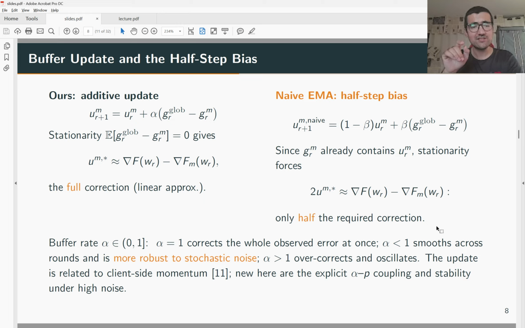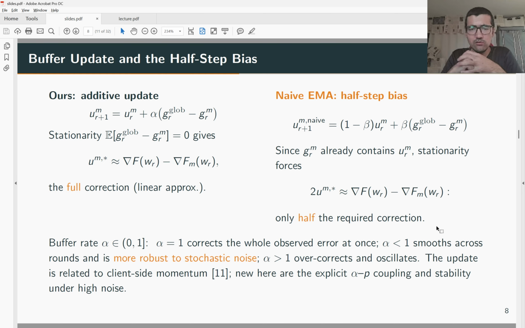But there is a subtlety here, and it's one of our main contributions. You might be tempted to do the seemingly natural thing instead. The right box, an exponential moving average of the observed differences.